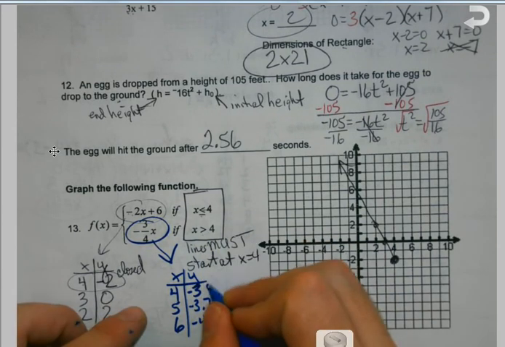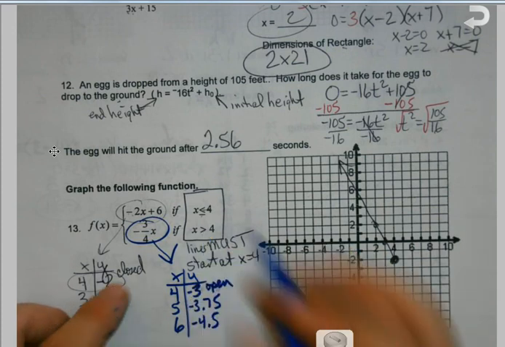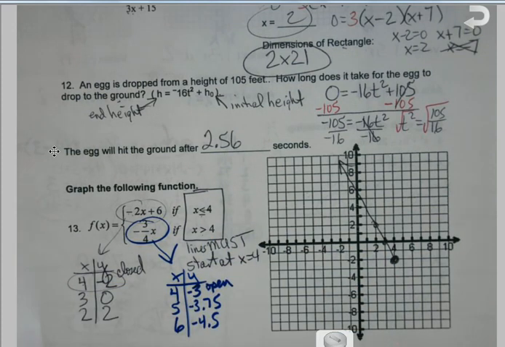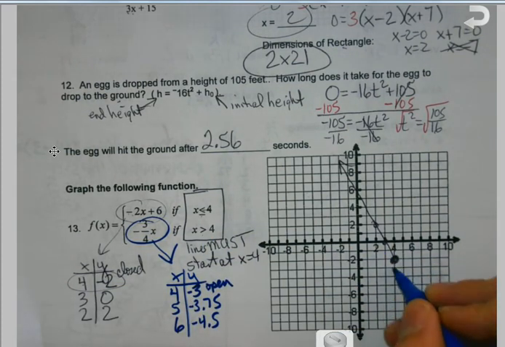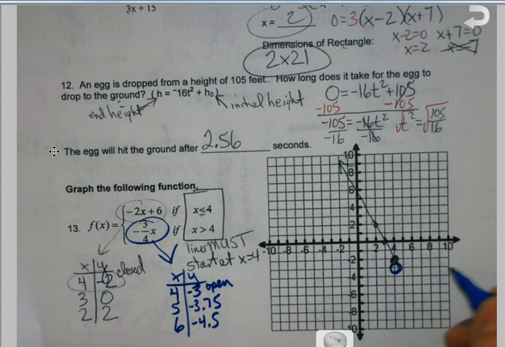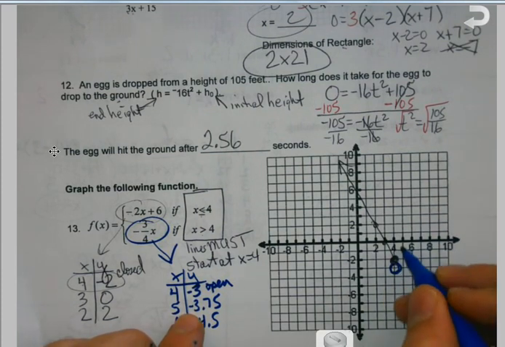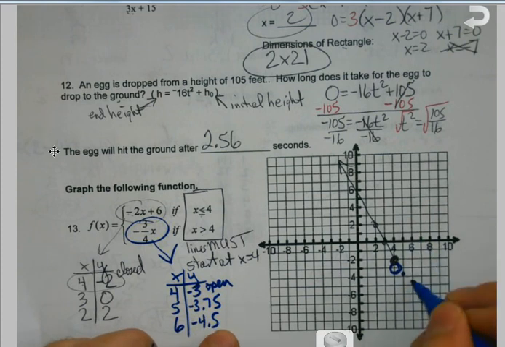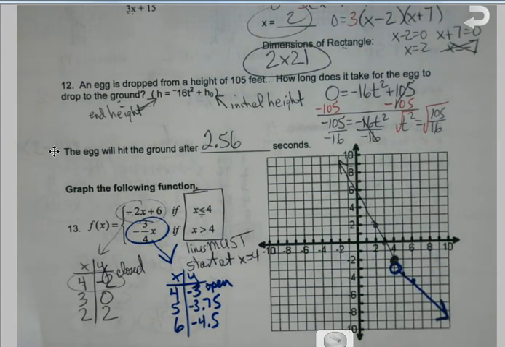Open, not only because it's just greater than, but also we're only going to have one of each time. So 4, negative 3, we're open. 5, negative 3.75. 6 is about 4.5. Big dot connect to the little, and we're done.